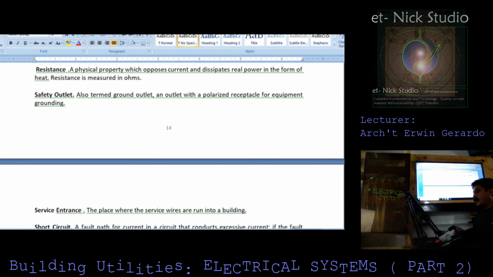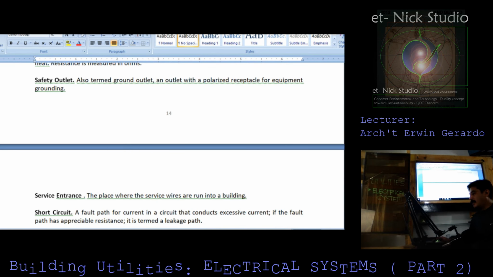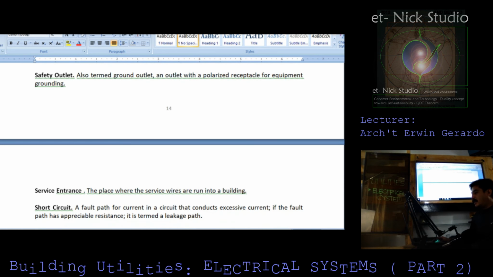Resistance is a physical property which opposes current and dissipates real power in the form of heat. Resistance is measured in ohms. Safety outlet, also termed ground outlet, an outlet with a polarized receptacle for equipment grounding.